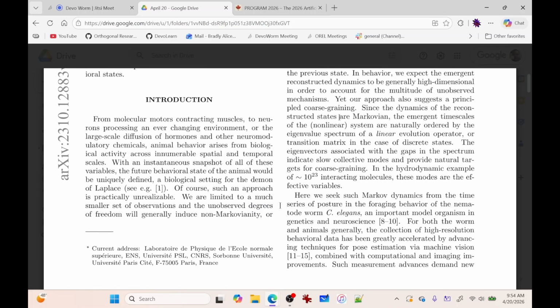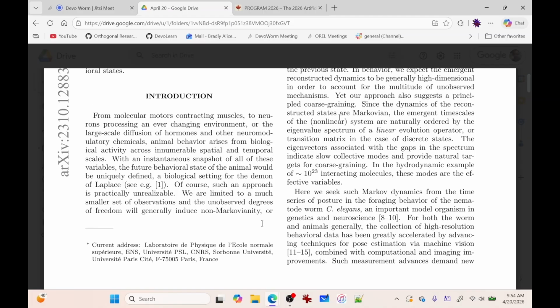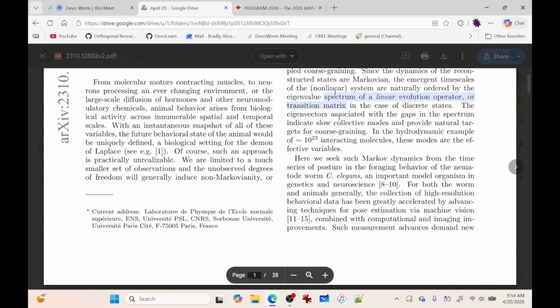Of course, such an approach is practically unrealizable. We are limited to a much smaller set of observations, and the unobserved degrees of freedom will generally induce non-Markovianity. So this is where you may make the assumption that your biological system is sort of a Markov process, or a Markovian process.